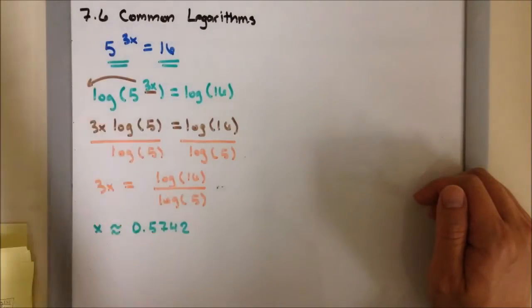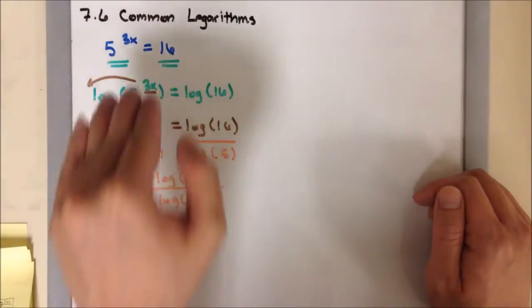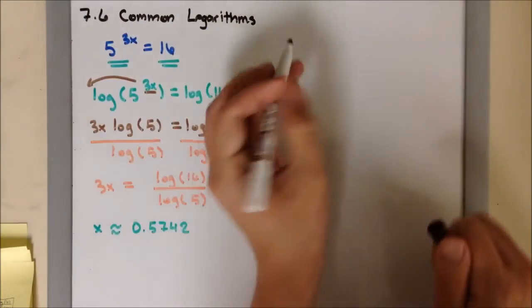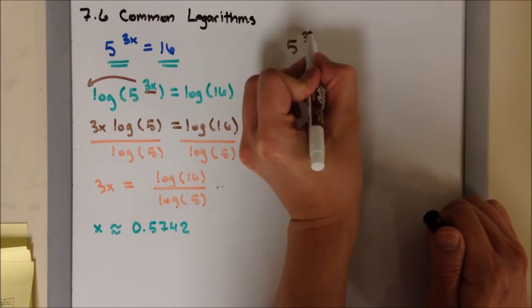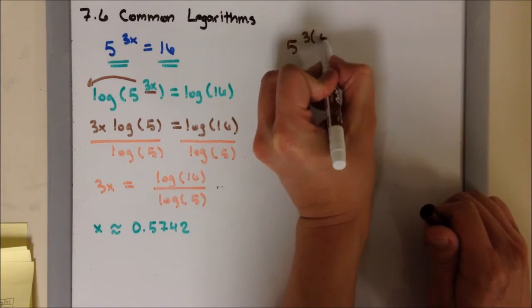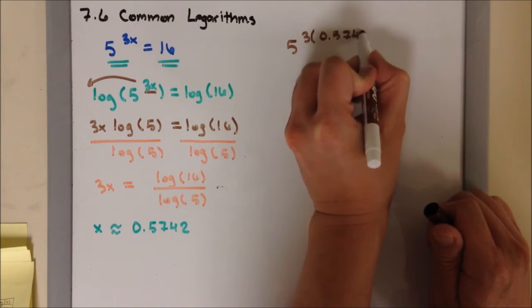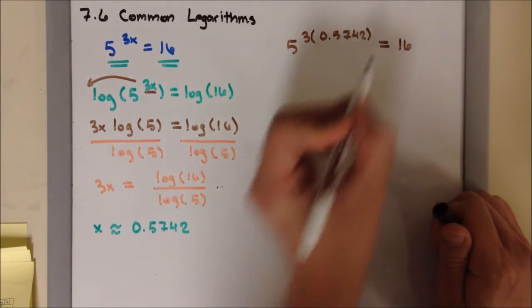And then we're just going to plug it back in. And you're going to see the purpose of finding the decimal answer, because we were solving for x. So it's 5 to the power of 3, and instead of x, we're going to plug in 0.5742, close parenthesis, and supposedly it's equal to 16.